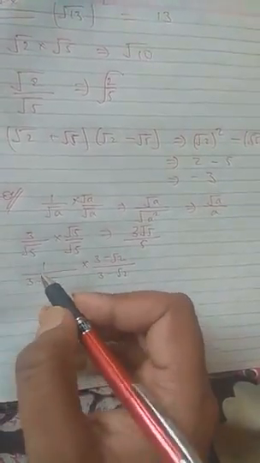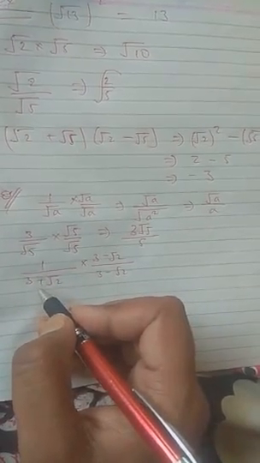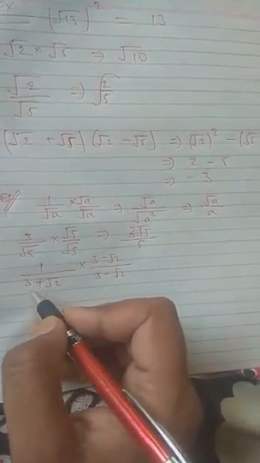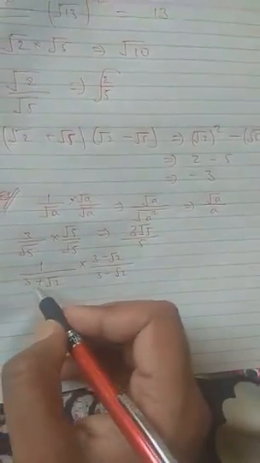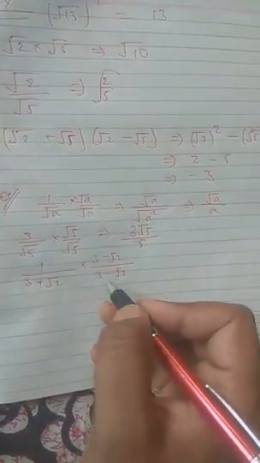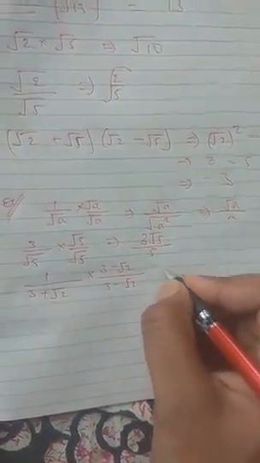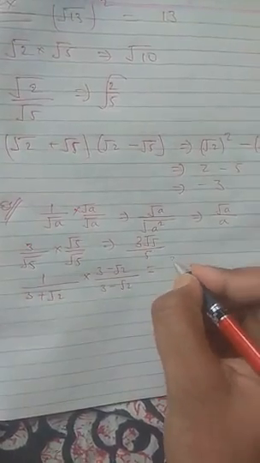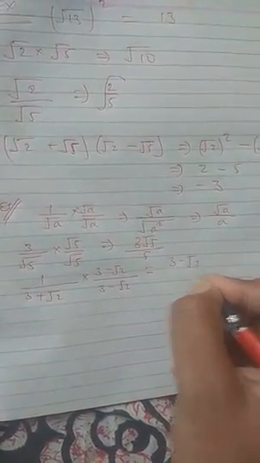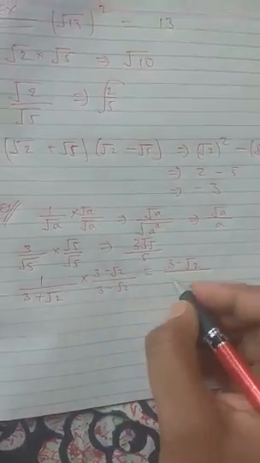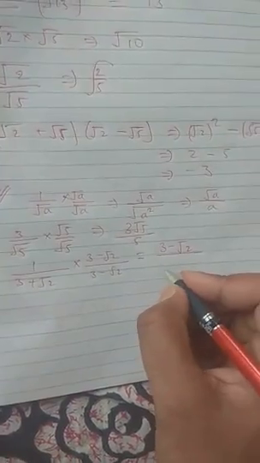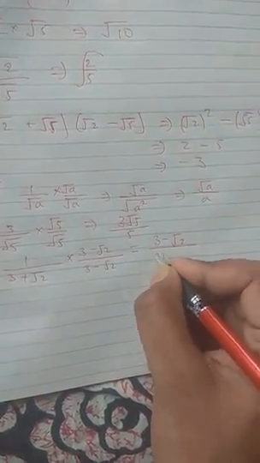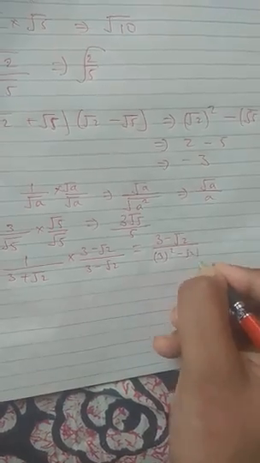So we will just multiply with the conjugate of 3 plus root 2, and the conjugate of 3 plus root 2 will be 3 minus root 2. What is the benefit of it? We will just see. We'll get 3 minus root 2 in the numerator, and in the denominator you will have a plus b and a minus b. A plus b and a minus b will result to 3 square minus root 2 whole square.